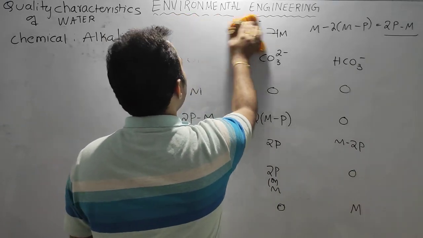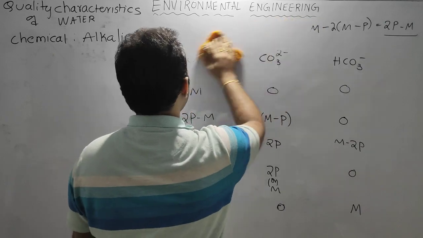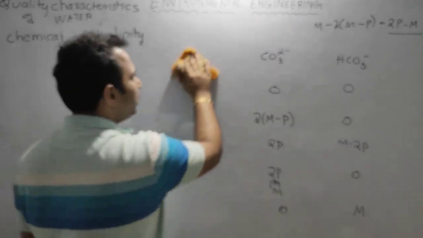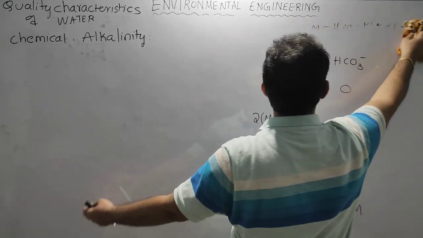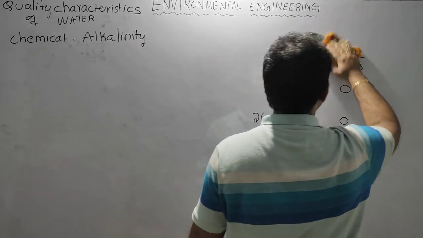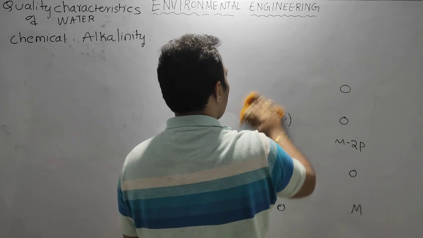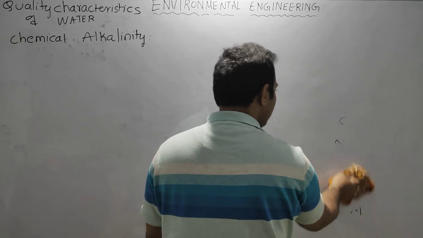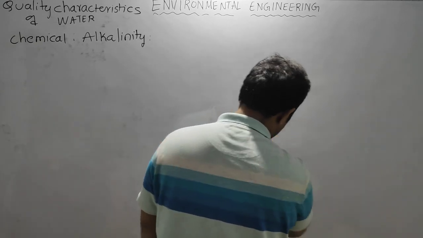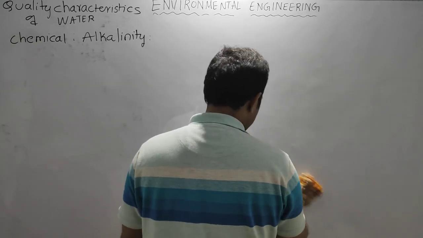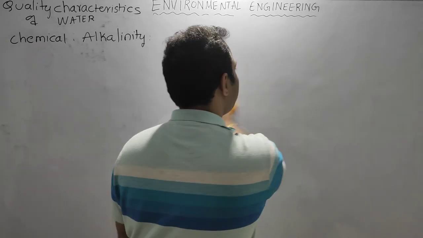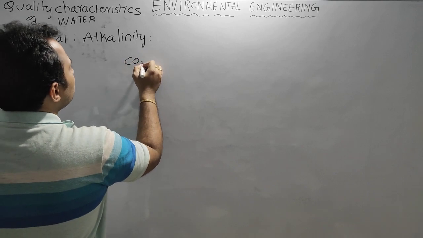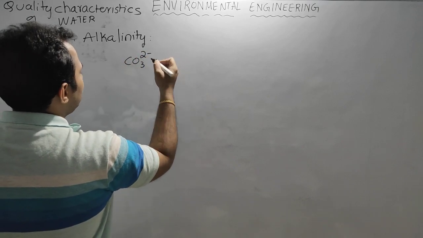In the previous session I also told you the ill effects of alkalinity and acidity, and the range. Generally when the water is alkaline, it has CO3 2 minus, OH minus, or HCO3 minus ions in it. These CO3 2 minus ions react with metallic ions present in water.